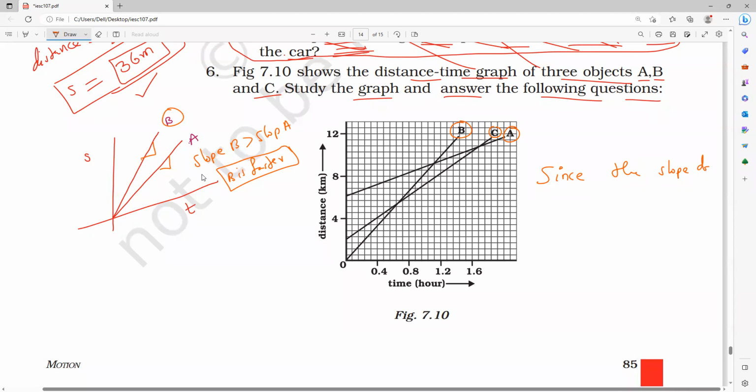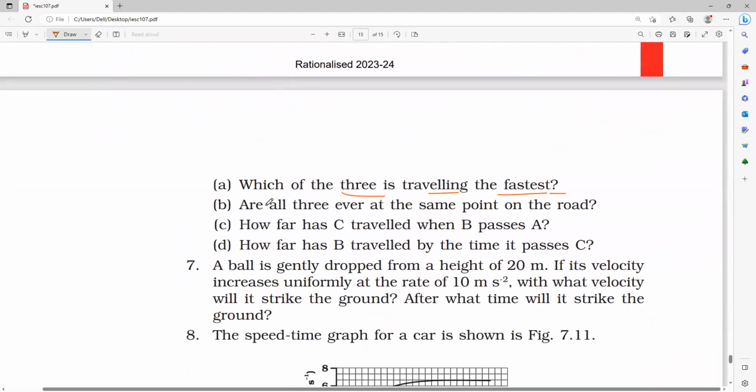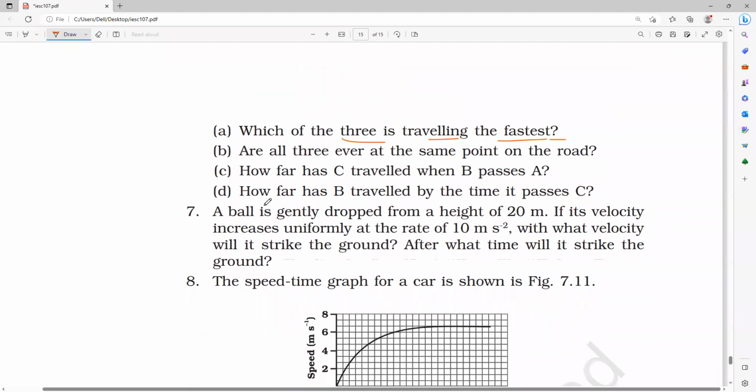Since the slope of the graph for object B is greater than A and C, B is faster. Any doubt? Nobody.